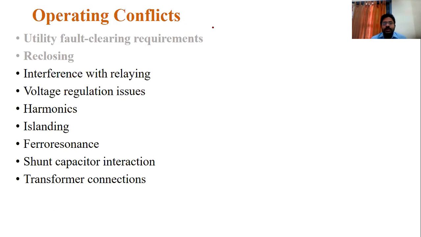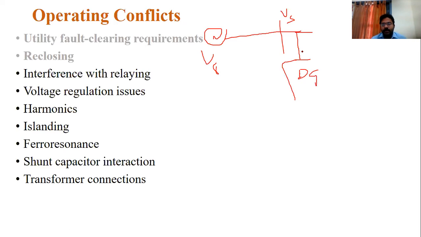Whenever we consider this as the source, VS, on this side we have connected the DG. Then we have different types of loads.